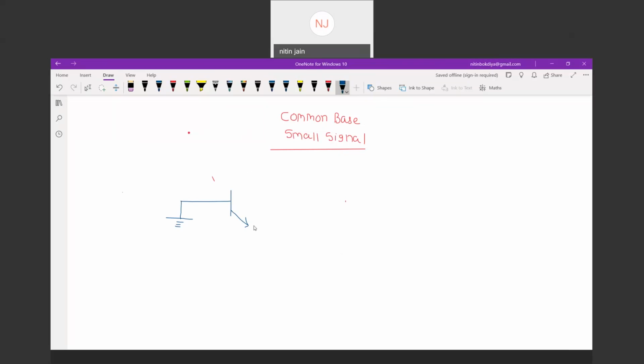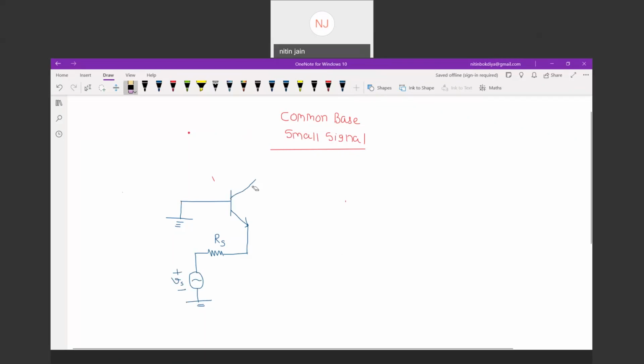So let's take supply at emitter terminal. तो मैं ले लेता हूं supply at emitter terminal. So this is emitter terminal और यहां दे दिया मैंने एक supply. This is source resistance, unavoidable source resistance RS, and this is VS.